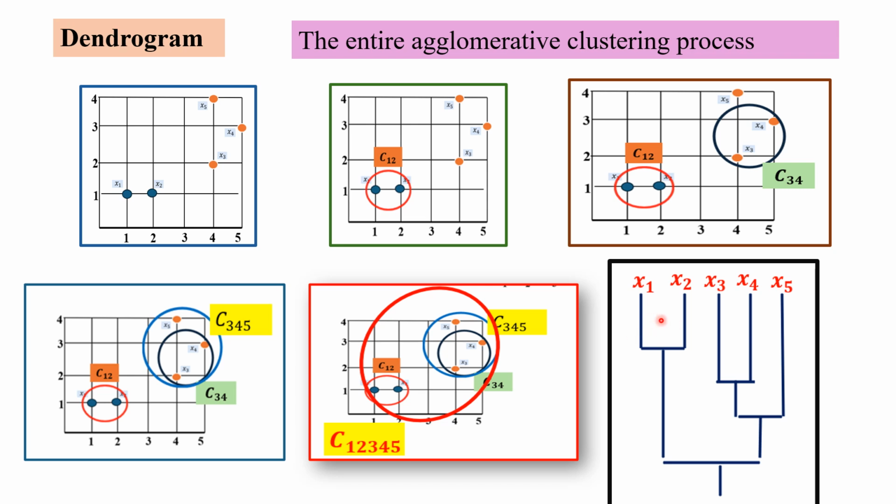So see, if we could slice it here, we get 5 clusters, which is this. Then if we slice it here, then we get 4 clusters, 1, 2, 3, 4.